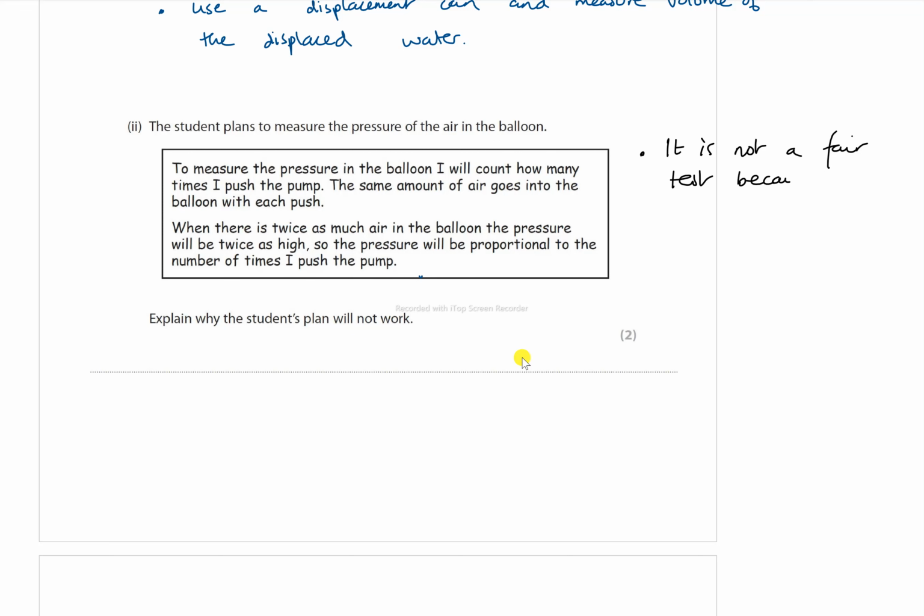Because with each pump you may have a different volume entering the balloon.